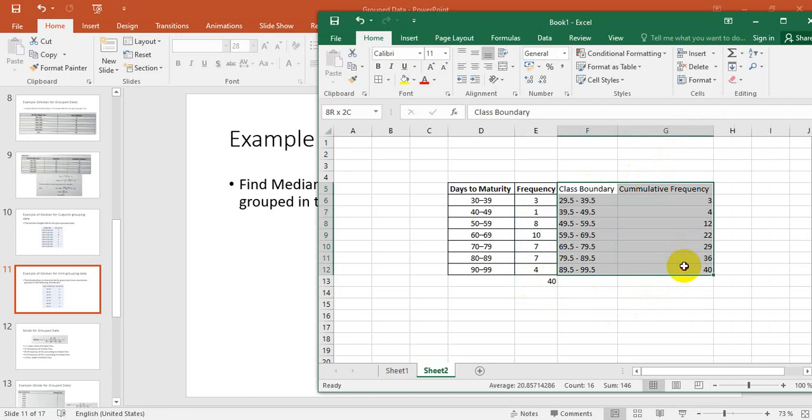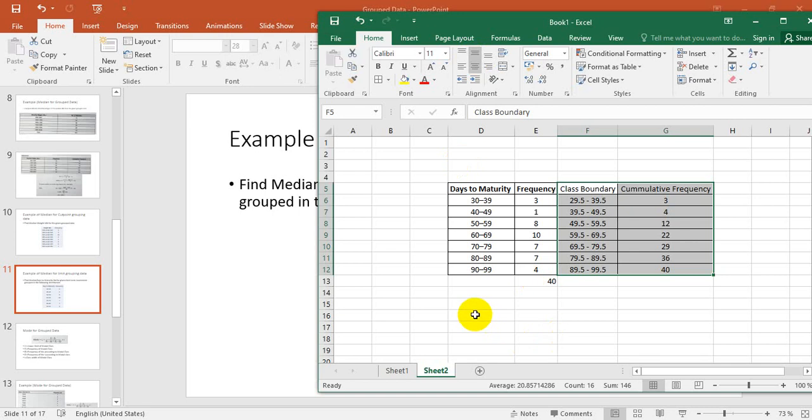Now the next task is to find out the median class. So for median class we need to determine n plus 1 by 2.